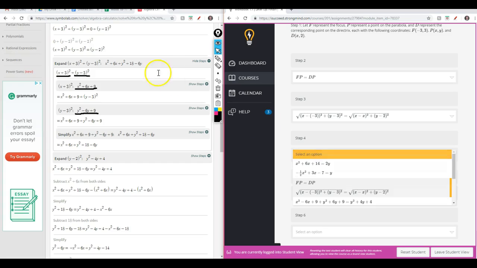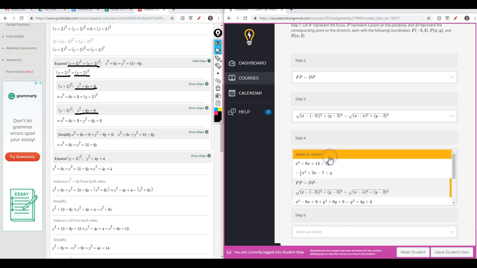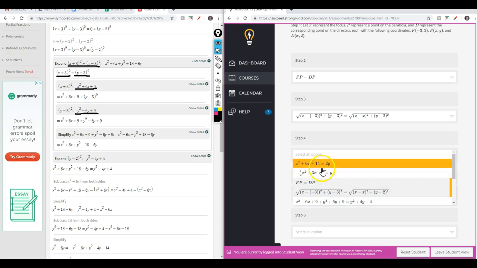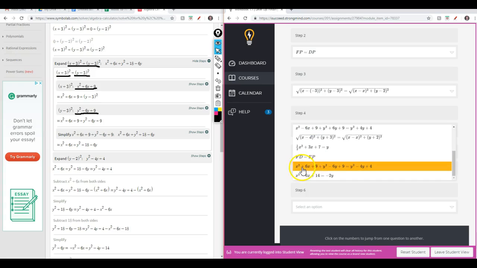So remember that this x plus 3 squared plus y minus 3 squared is just being replaced as x squared plus 6x plus 9 and y squared minus 6y plus 9. And so that's our very beginning of our first. So x squared plus 6x plus 9, and then plus y squared minus 6y plus 9.